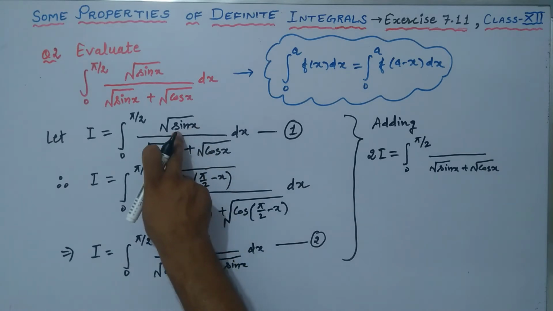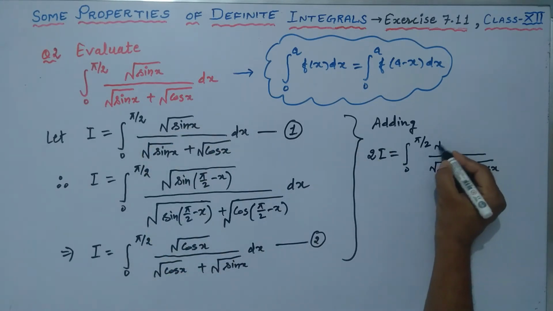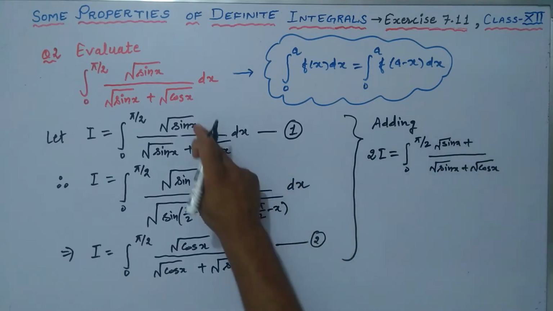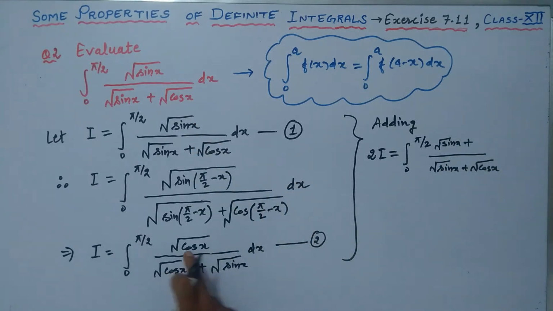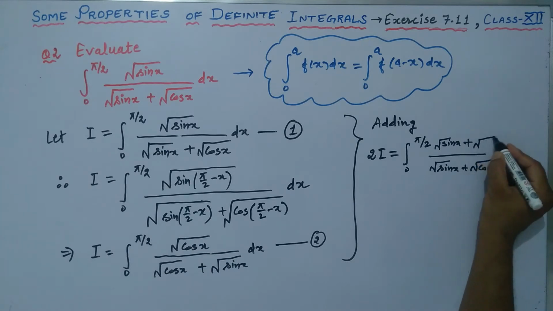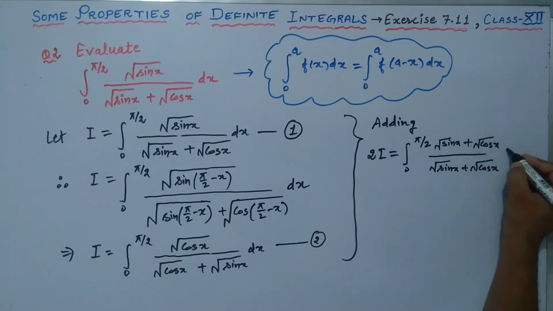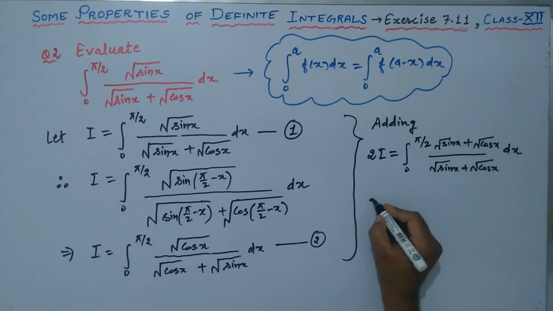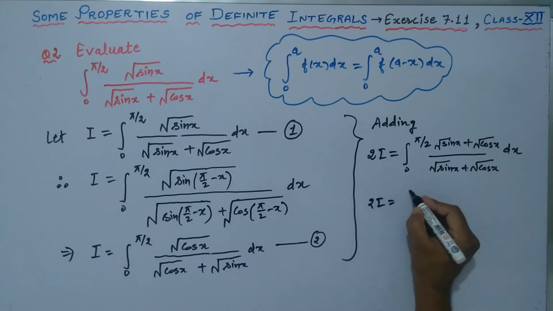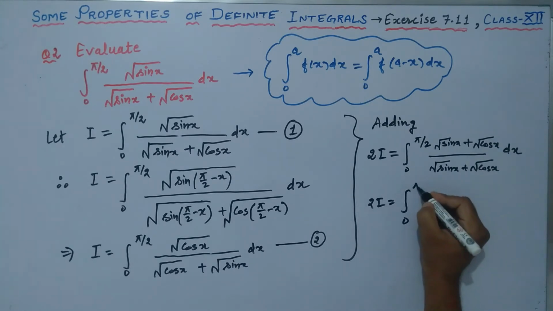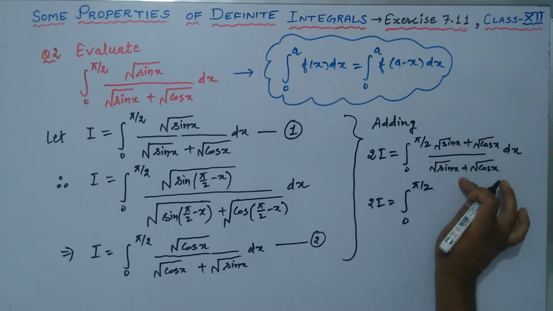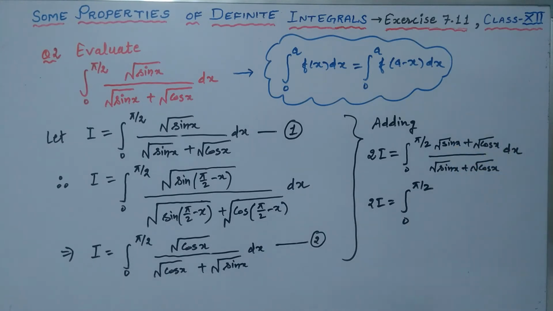In equation number 1 the numerator is square root of sine x, plus in equation number 2 the numerator is square root of cos of x, dx. Now numerator is equal to denominator, so it cancels.